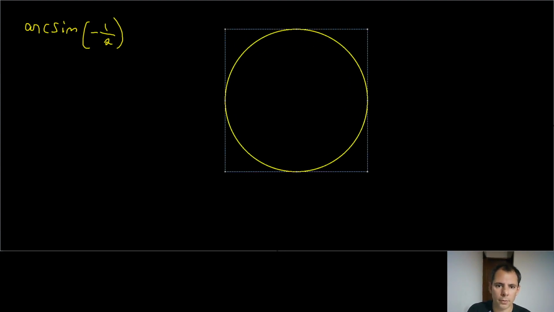Okay, so let's practice a little bit of this. What's going to be the arc sine of -1/2? Of course, you got to restrict the domain, right? What is the arc sine of minus half? Well, minus half is gonna be minus 30 degrees here, okay?